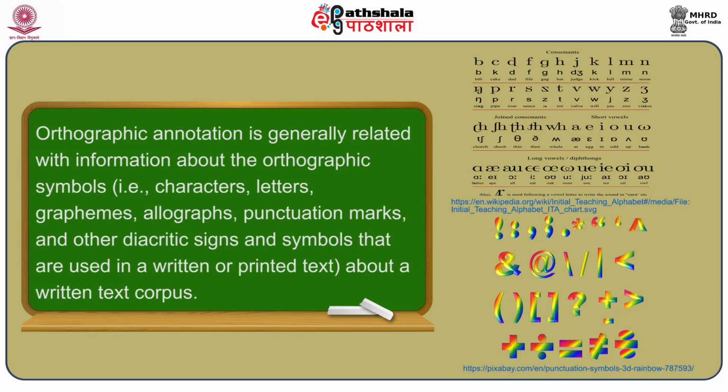If you make a list, we can find characters, letters, graphemes, allographs, diacritic marks, punctuation symbols, other unique symbols, iconic symbols, plus signs, mathematical symbols, and various other kinds of symbols in a text, particularly if this is a printed or public text. And we also know very clearly that each character or symbol used in the text has its specific function in the text itself. It has a special syntactic or linguistic value, a linguistic role to be executed in the text.